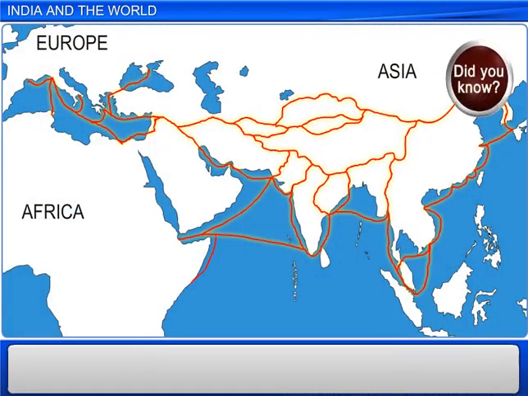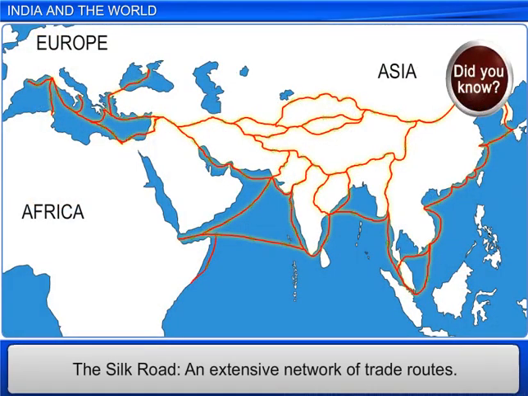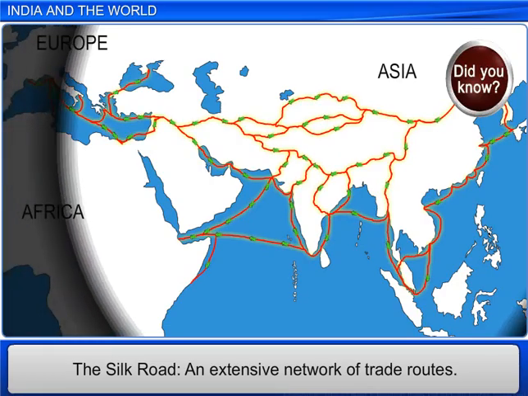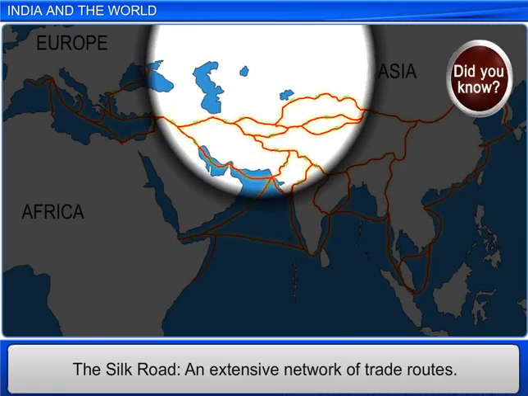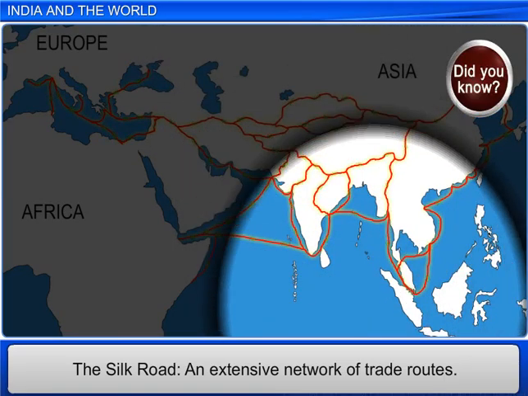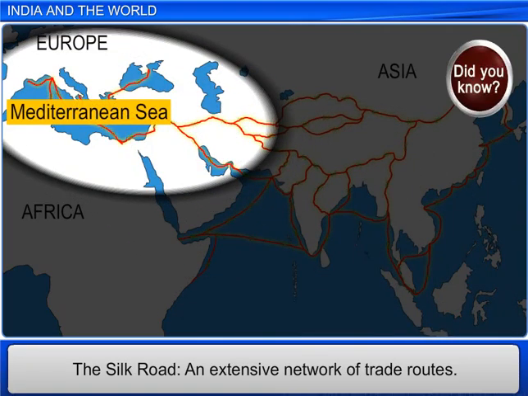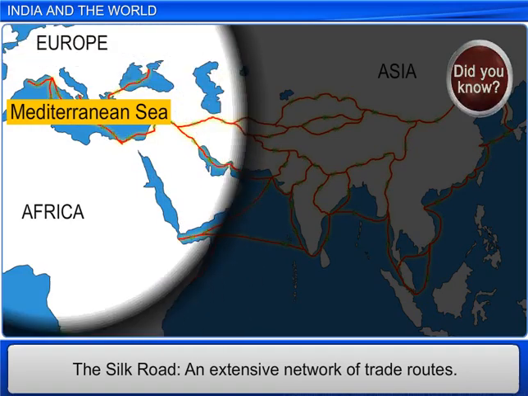Did you know? The Silk Road passing through India is an extensive network of trade routes connecting the East, West, and South of Asia to the Mediterranean world, including North Africa and Europe.